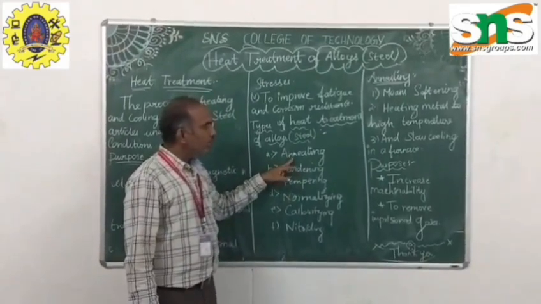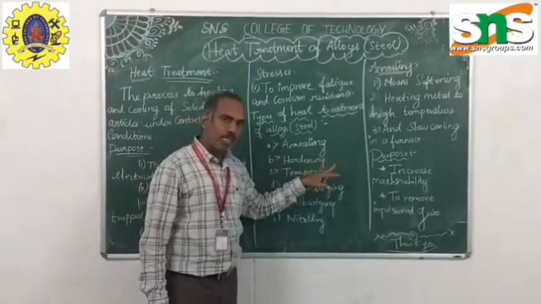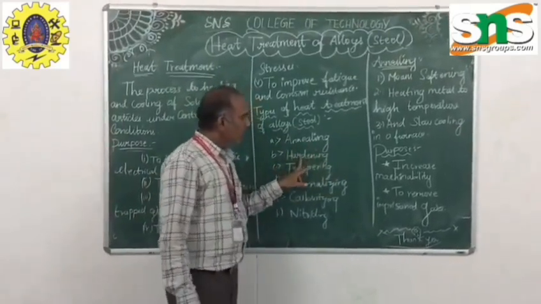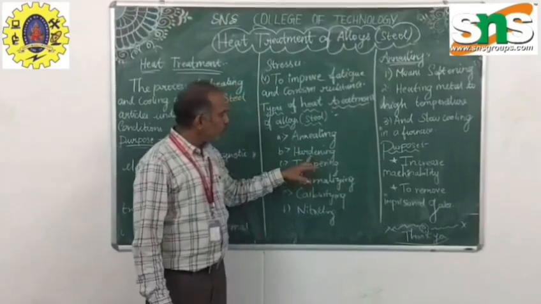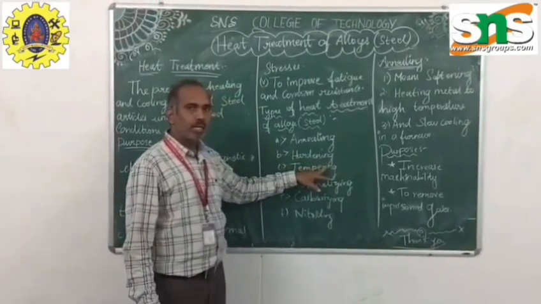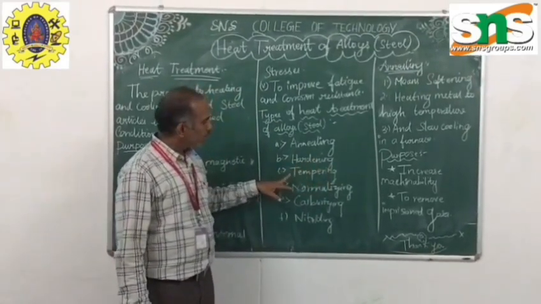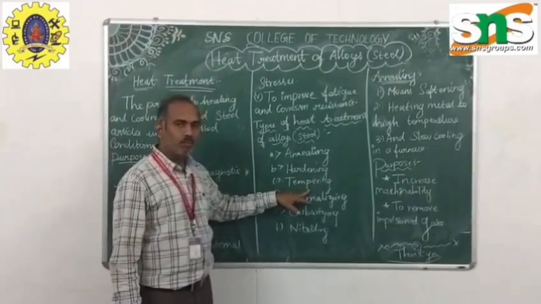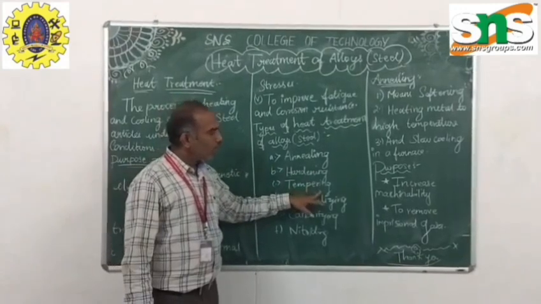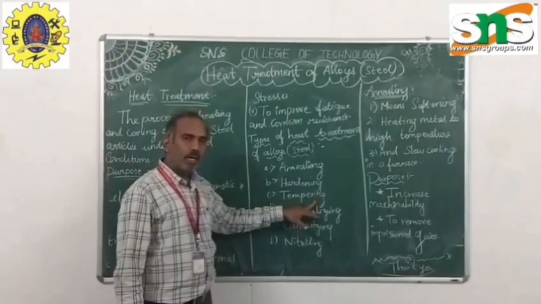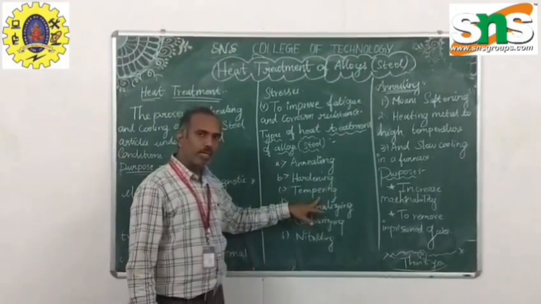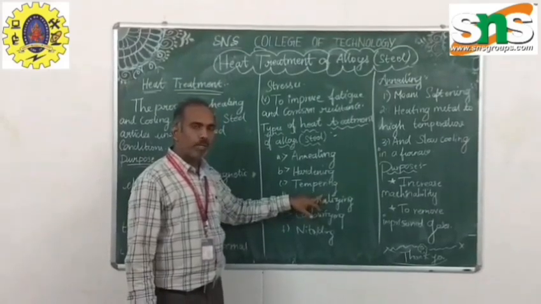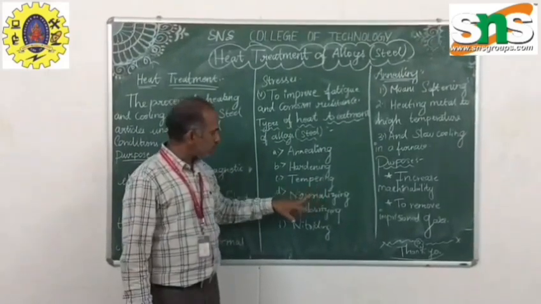After annealing the steel, we go for a further process to improve the hardness of the steel material. And tempering is necessary for grinding and different kinds of tools made by this process.